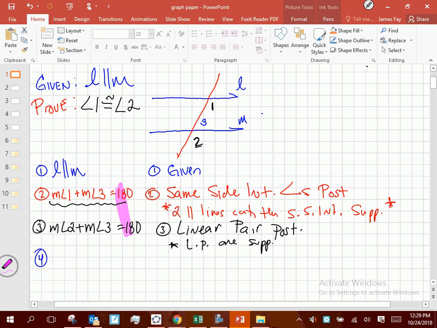What do we know about those two things that I highlighted? They're what to one another? I gave you the number 180, and if somebody else gives me the number 180, what do you say about those two numbers? They're equal, right? They're the same. Okay? So what that tells me, what can I write now next, Jenna?